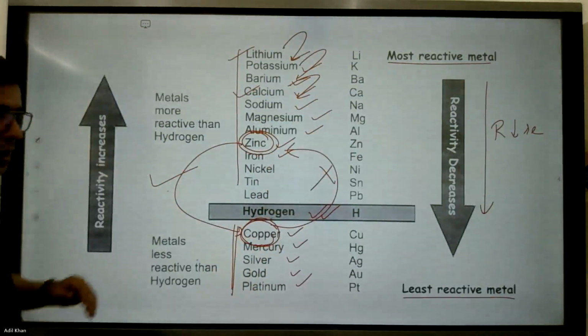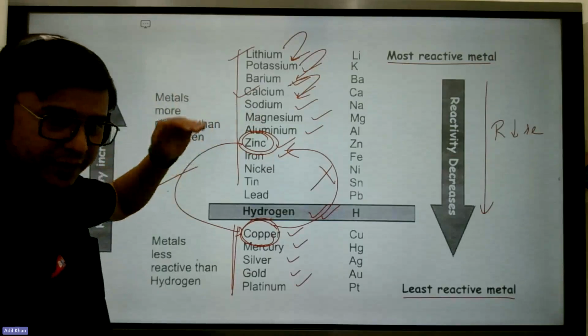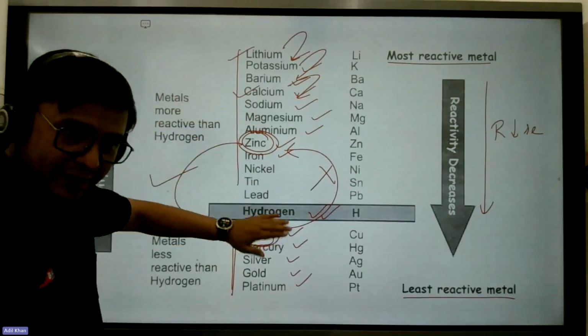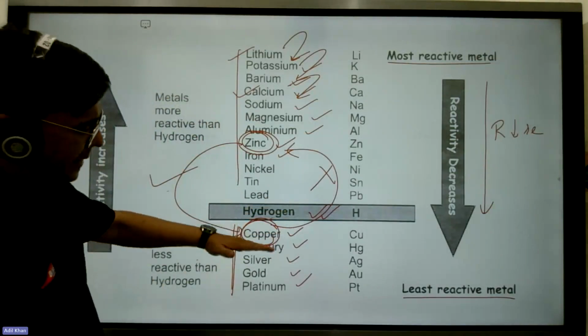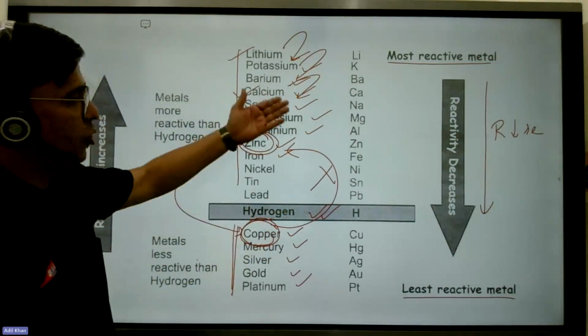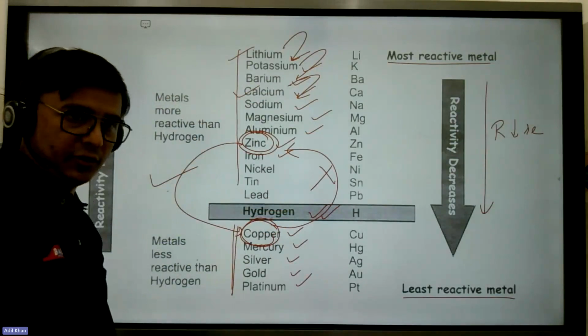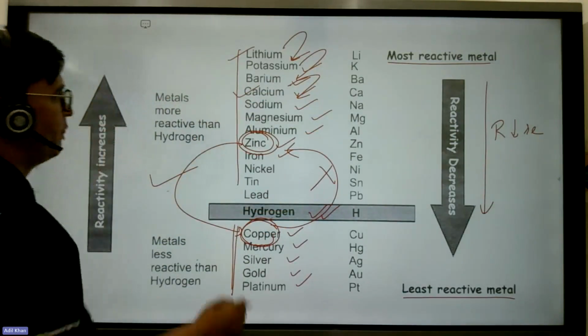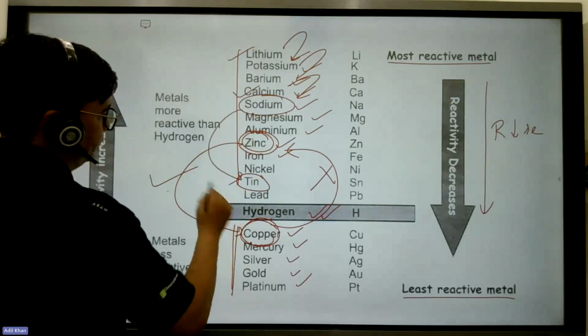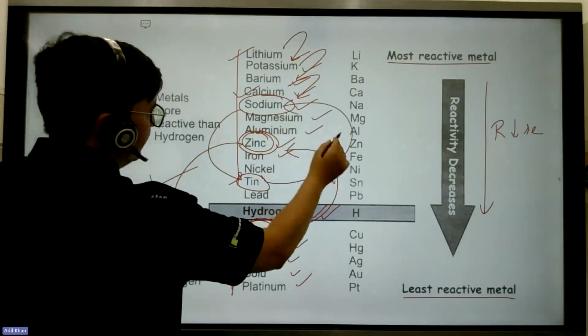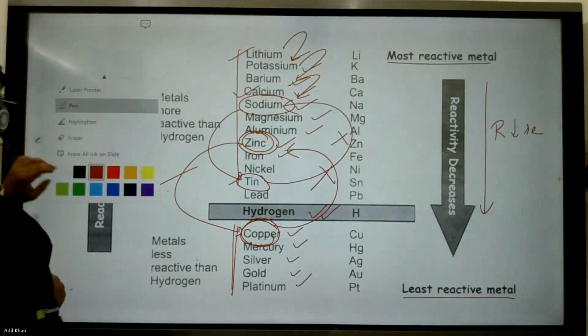No. Metals which are above can react and displace metals in the bottom part of the reactivity series, but metals in the bottom part will not react with the above part. For example, sodium can react with tin, possible, but can tin react with sodium? The answer is no.